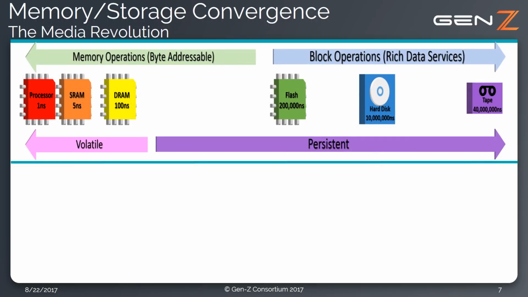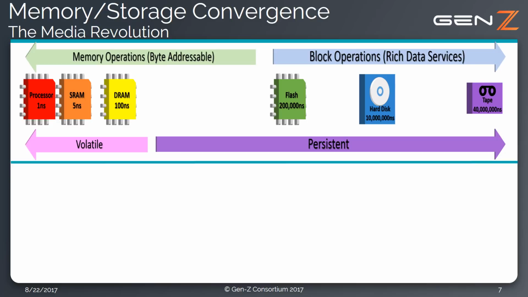There's another trend that is also putting pressure on the architecture of today's infrastructure. Here's an illustration of the different classes of memory and storage device technologies in use today. On the left are the internal processor registers or memory blocks with sub-nanosecond access latencies.